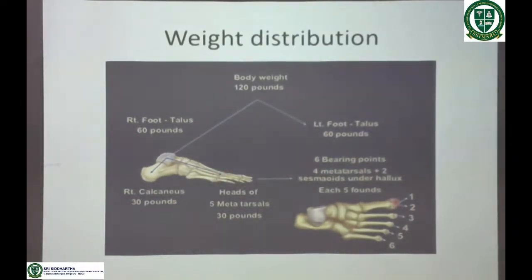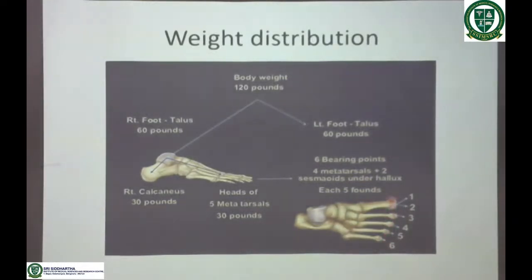In this figure, you are seeing the head of the metatarsals. Next to the first metatarsal, you can see there are sesamoid bones. So anteriorly, you can see these are the heads of the metatarsals. Additionally, under the first metatarsal head, there are the sesamoid bones. So these are the weight-bearing points.